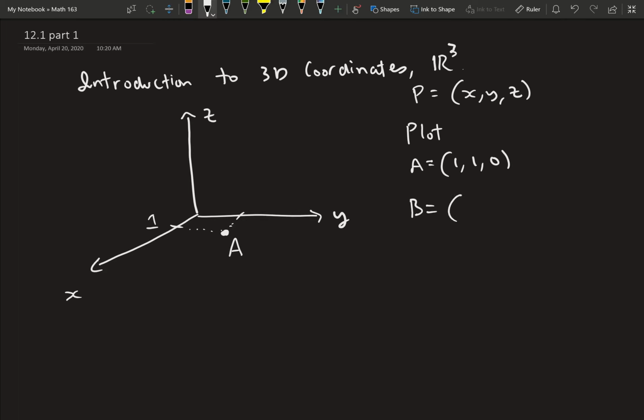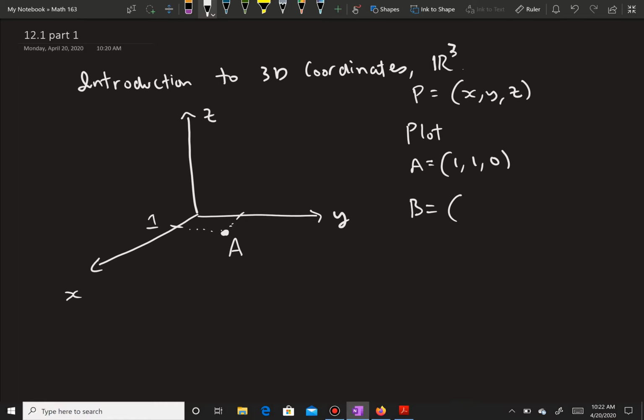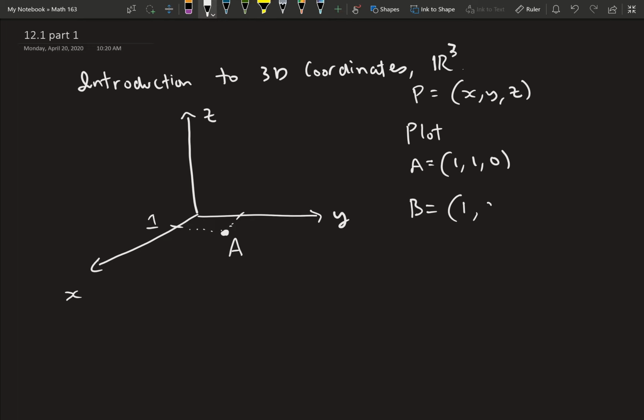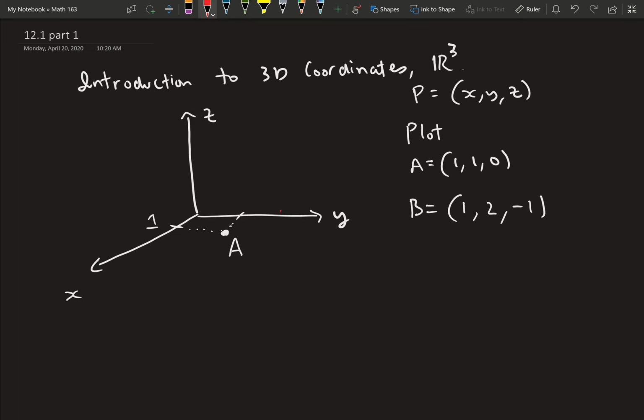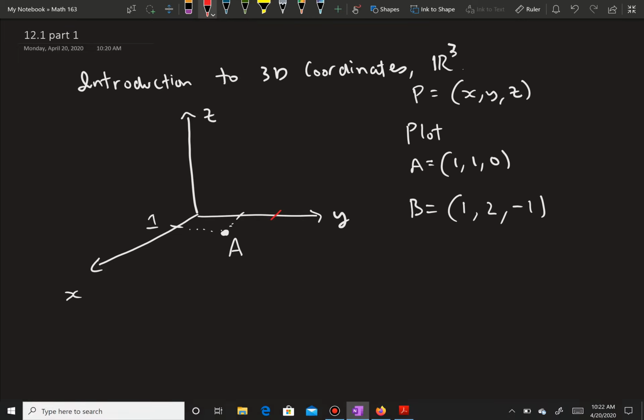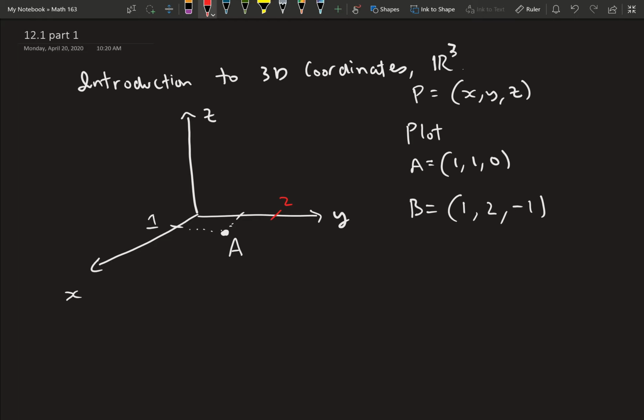We could have another point, say (1, 2, -1). Well, then what would we do? Let's use a different color for this point. We would travel 2 units in the y direction after traveling 1 unit in the x direction.